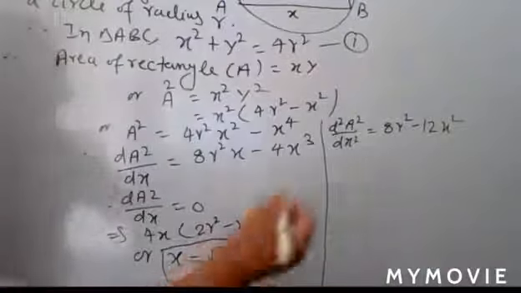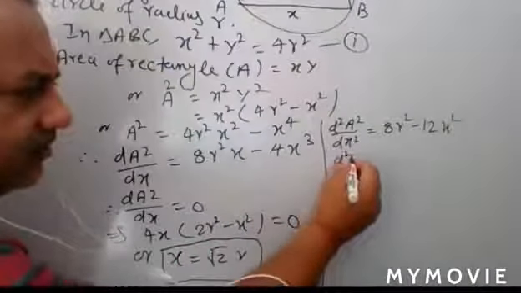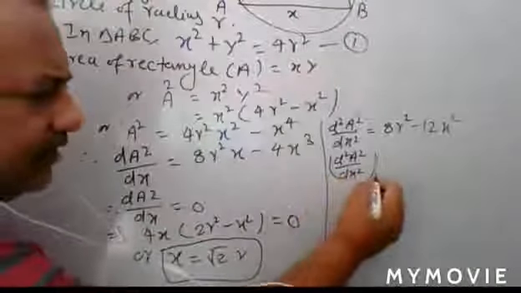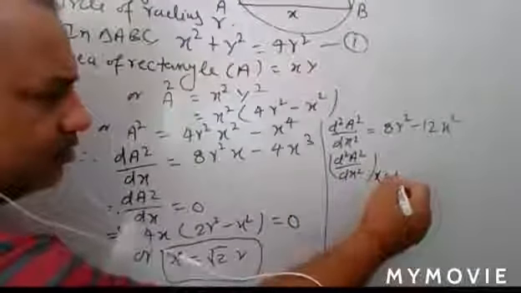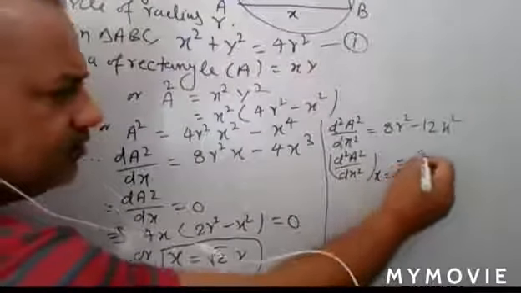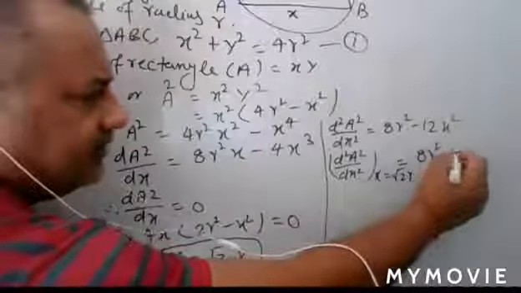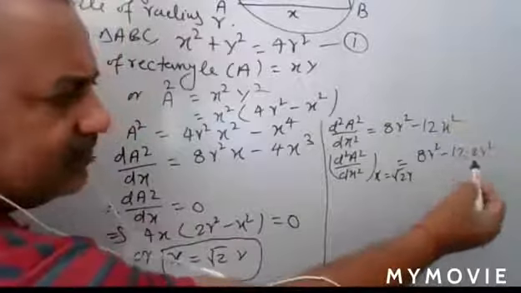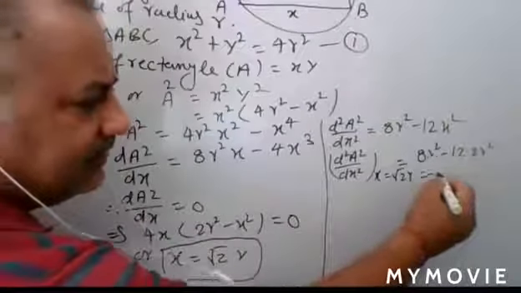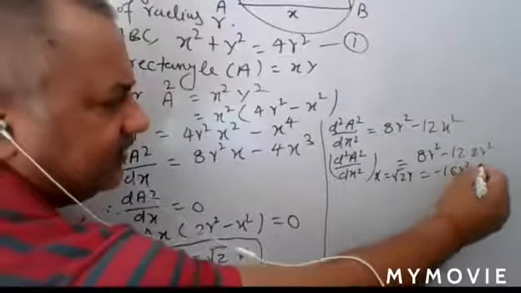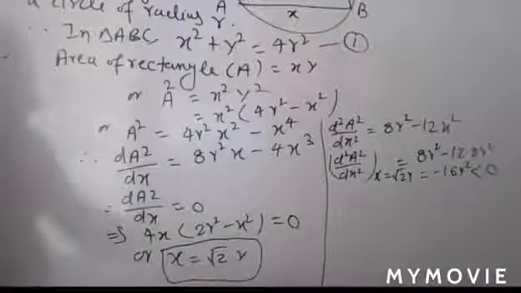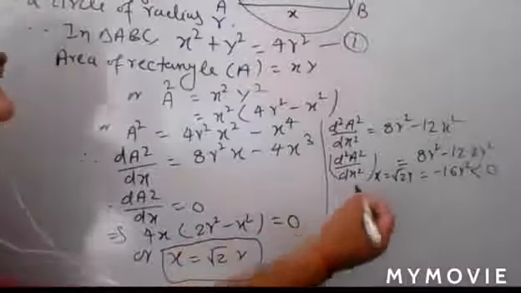Now putting its value, d2A square by dx2 at the point x equal to root 2r is equal to 8r square minus 12 into 2r square. So here you have 24r square, so 8r square minus 24r square is minus 16r square, which is less than 0. So what does it say about its second derivative of A square?